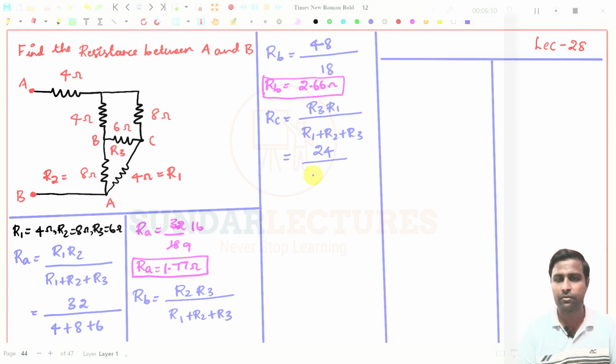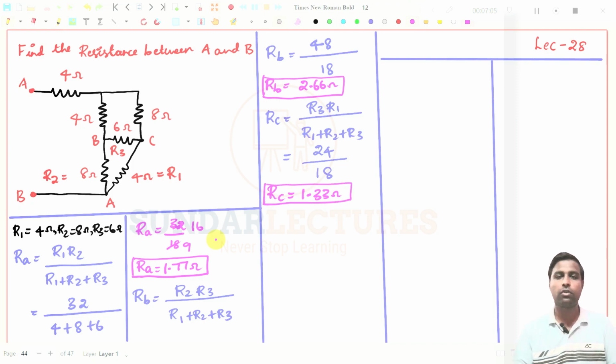There is no difference in the denominator. So finally RC will be equal to, the value I am getting is 1.33 ohms. So we have found what is RA, what is RB, and what is RC.